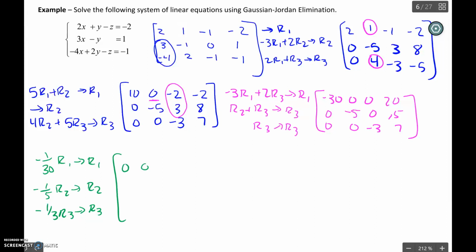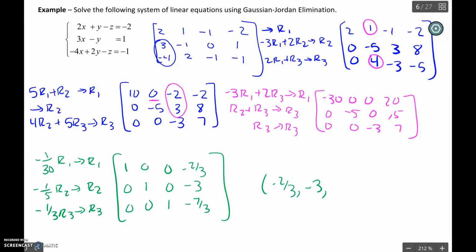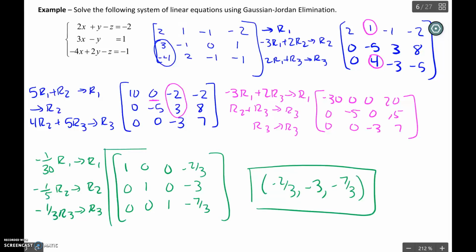So 1, 0, 0. 20 over -30 is -2/3. 0, 1, 0, -3. 0, 0, 1, -7/3. So my solution's -2/3, -3, -7/3. This is my reduced row echelon form.